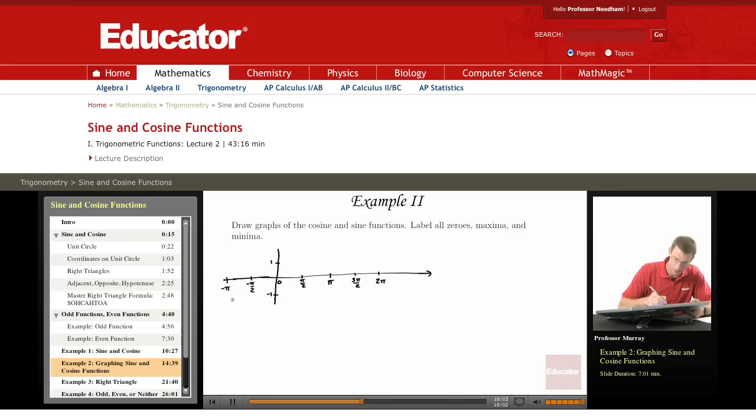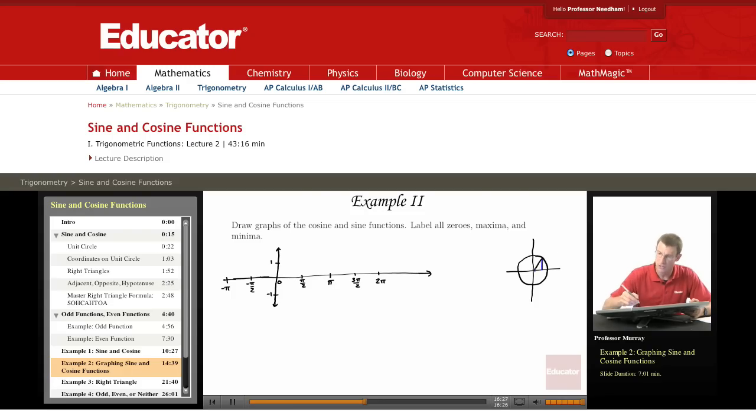And now I want to graph the sine and cosine function according to those values that we figured out. Remember that the sine and cosine function correspond to coordinates of angles on the unit circle. So sine and cosine, remember, are the x and y coordinates of angles on the unit circle.